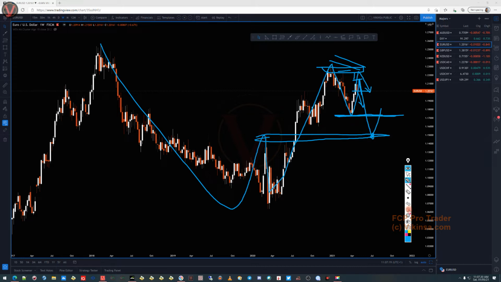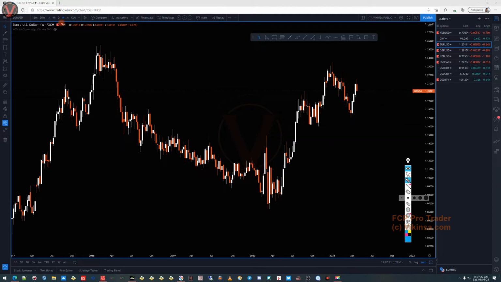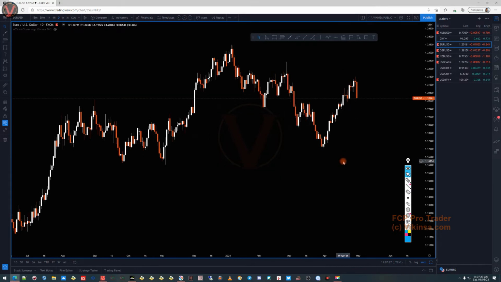So right now, if I go and look at the daily time frame once again, on the daily time frame the market created a W pattern, and we were expecting that. I was expecting it to complete somewhere around here, but this went into another one, but we were looking at this level anyway.